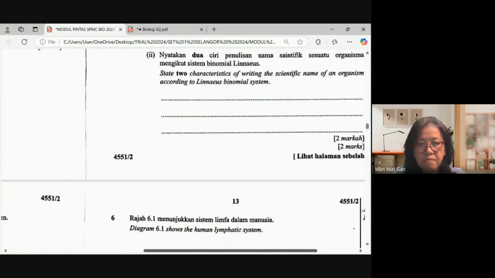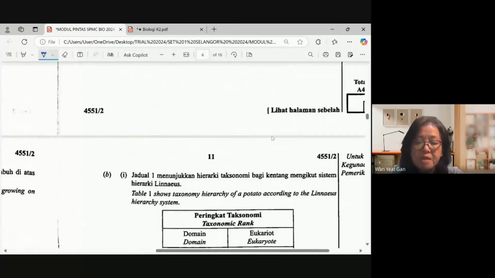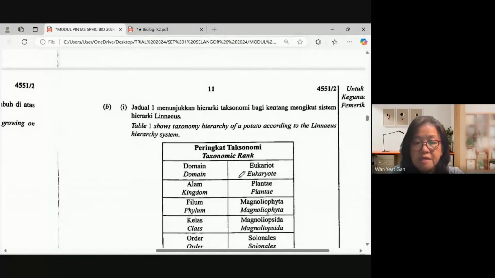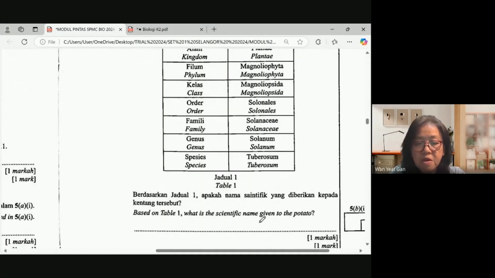Okay, B1. Table 1 shows the taxonomy hierarchy of a potato according to Linnaeus hierarchy system. Based on table 1, what is the scientific name given to the potato? So the scientific name is based on genus and species.